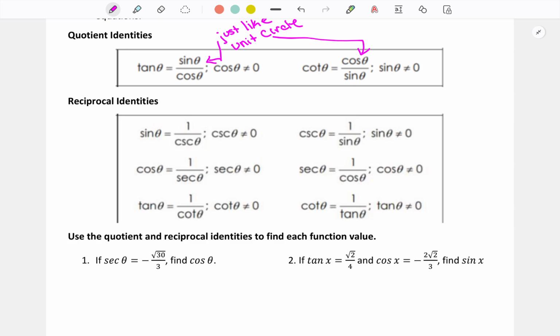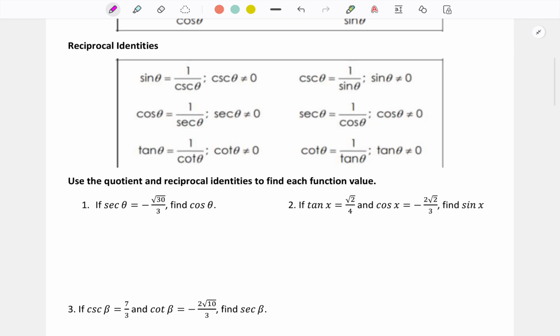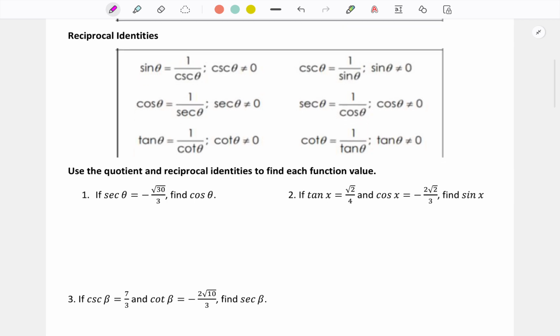Secant can be 1 over cosine, and cotangent can be 1 over tangent. So this is all just pretty much putting that function as equal to 1 over what its friend is. This is just what we're going to do to be able to simplify basic expressions. So let's go ahead and take a look at some of those expressions.